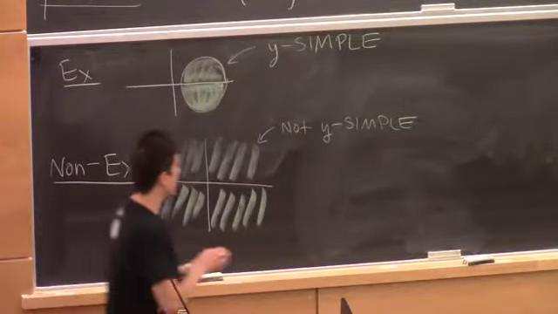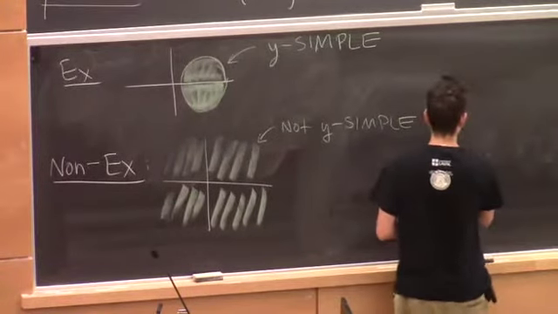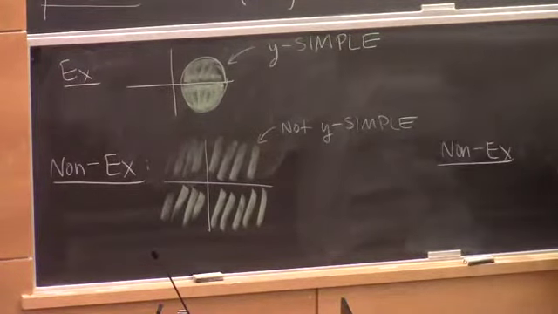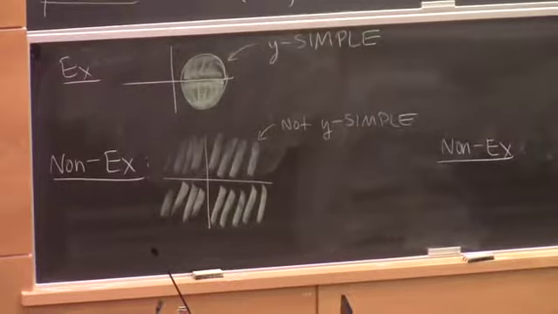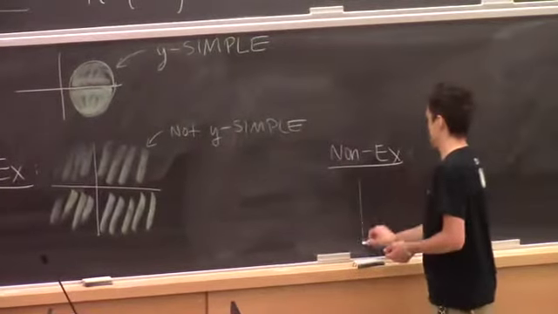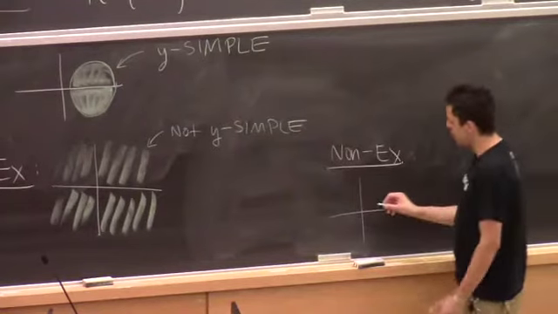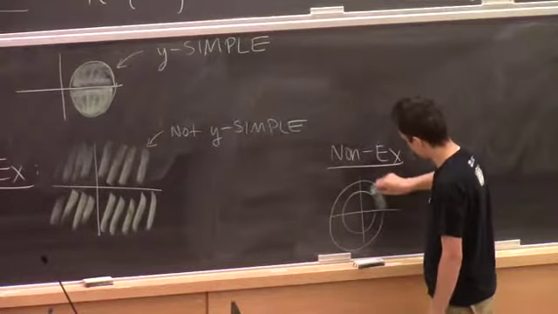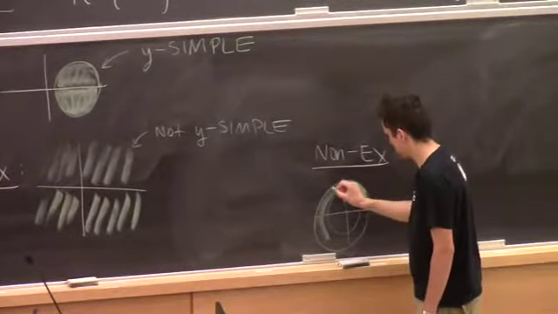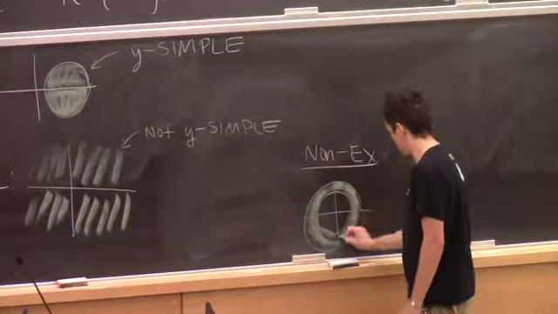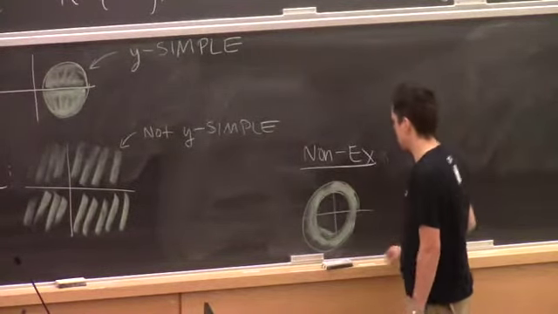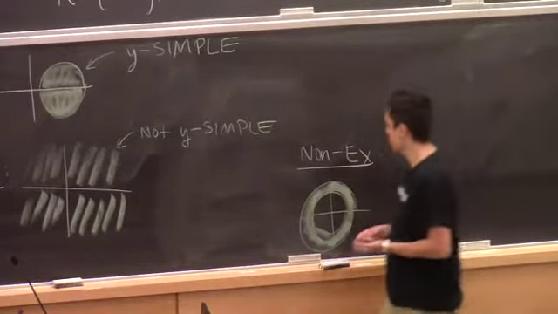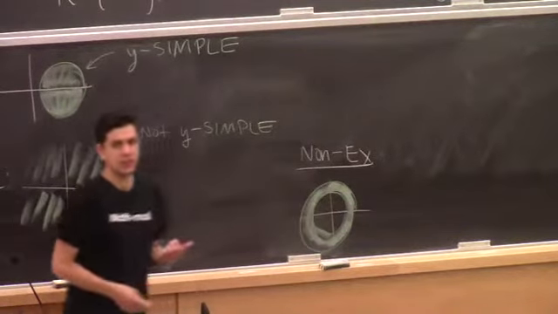Another example I want to point out is simple regions can't have holes. Okay, so another non-example would be something like this. Okay, there's no pair of functions that would give us that region.